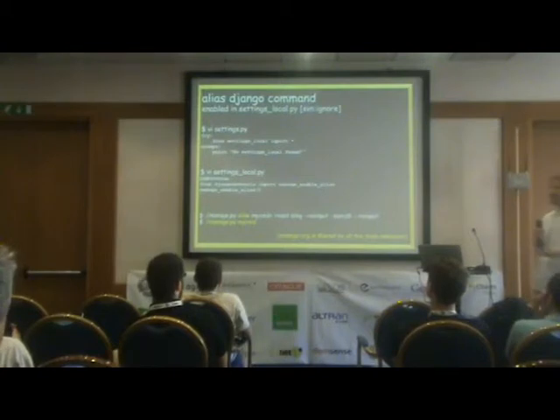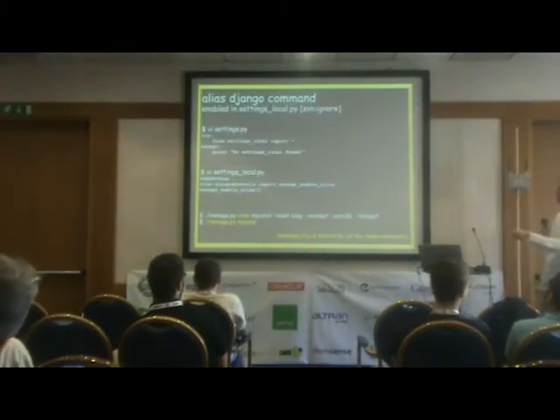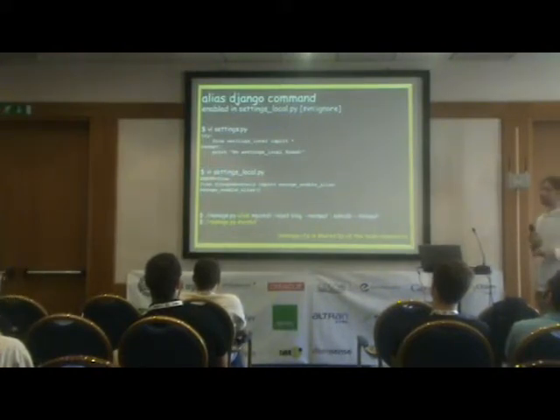The settings local is a file that is not shared by the team, but is local on the machine. So for example, for my development environment, I want debug true, and I want to enable the aliasing for our application.